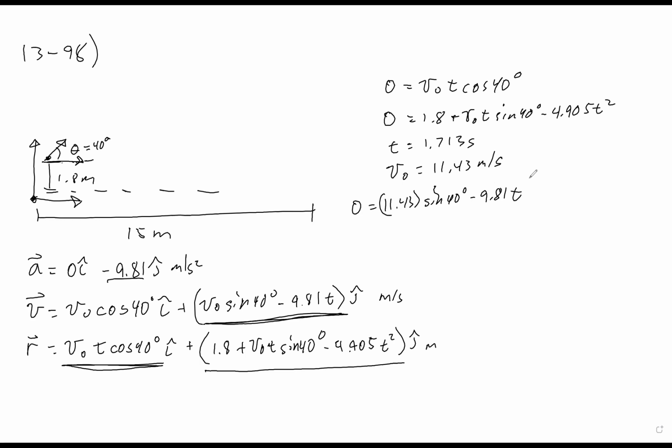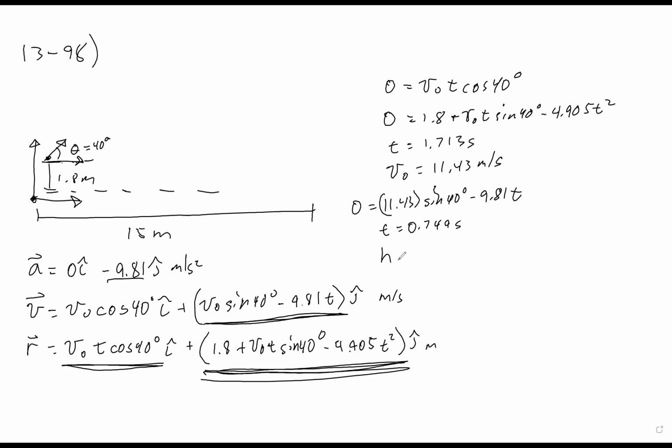All right, this is going to allow us to solve for the time that the ball is at maximum height. So t is 0.749 seconds. And then we can plug that time into the j hat component of position, and we know the initial velocity, and we can solve, and we'll get the height value.